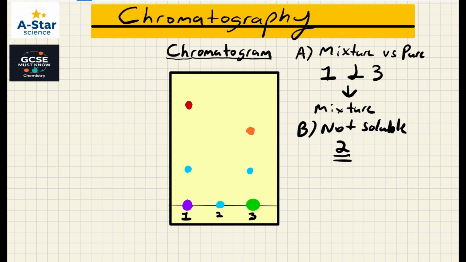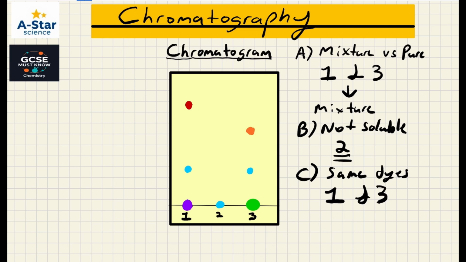It appears to be pure because only one color is remaining, but we don't really know because it hasn't separated out. The second question you can ask is which one has the same dyes present, the same colors present, and that's clearly number 1 and number 3.